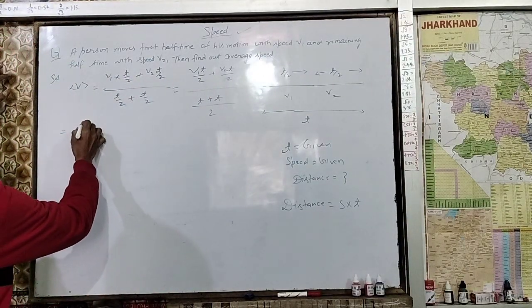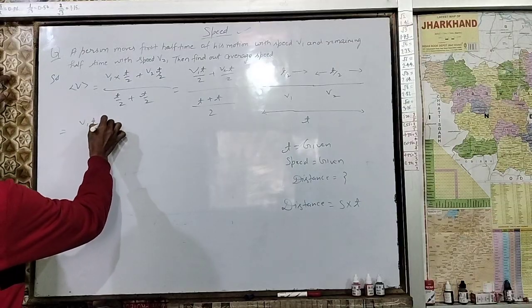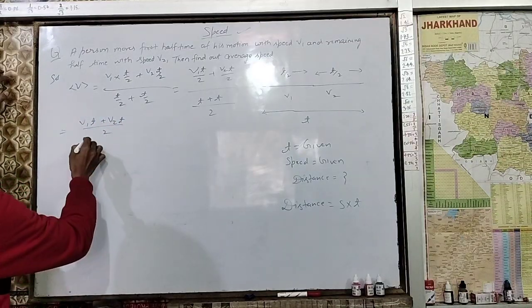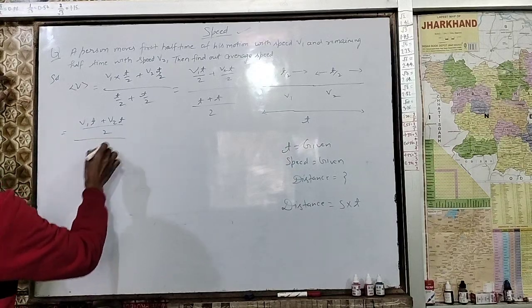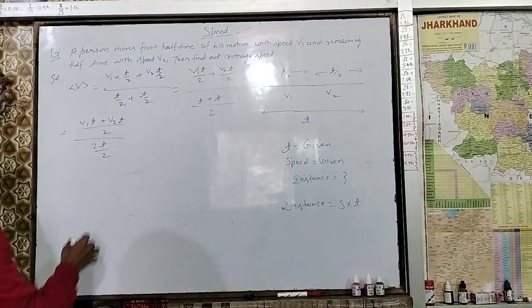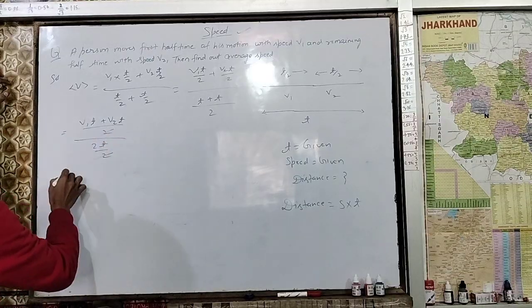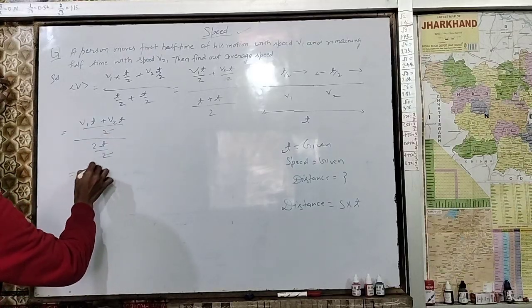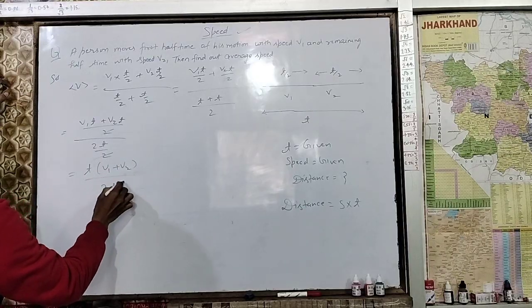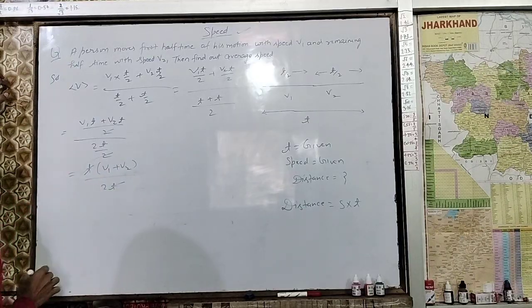This fraction is v1 t plus v2 t, and in the denominator the 2 cancels. Here t is common: v1 plus v2 upon 2t. T is again cancelling.